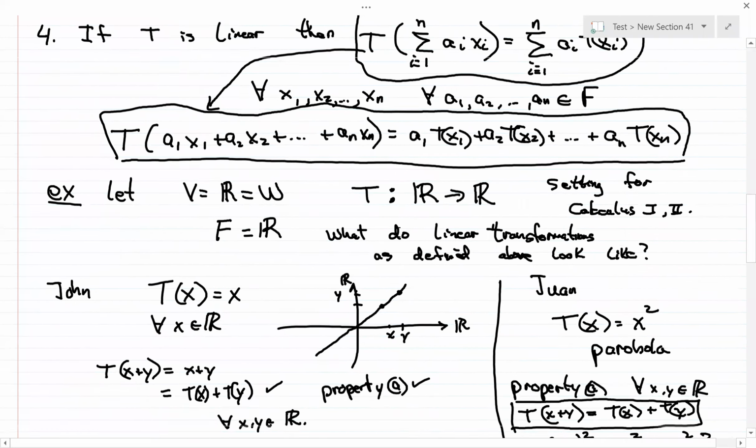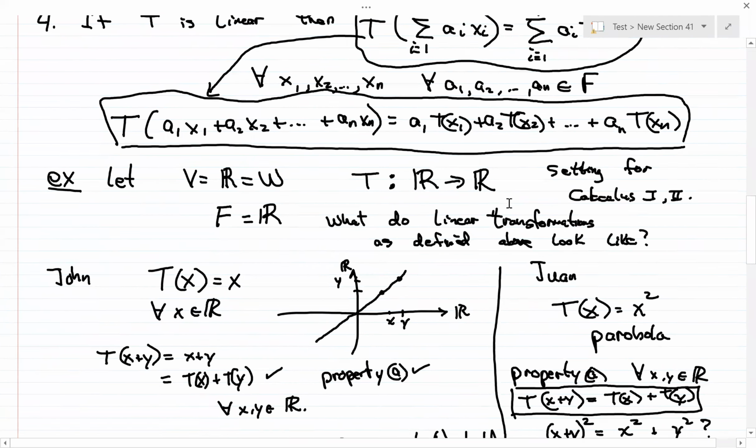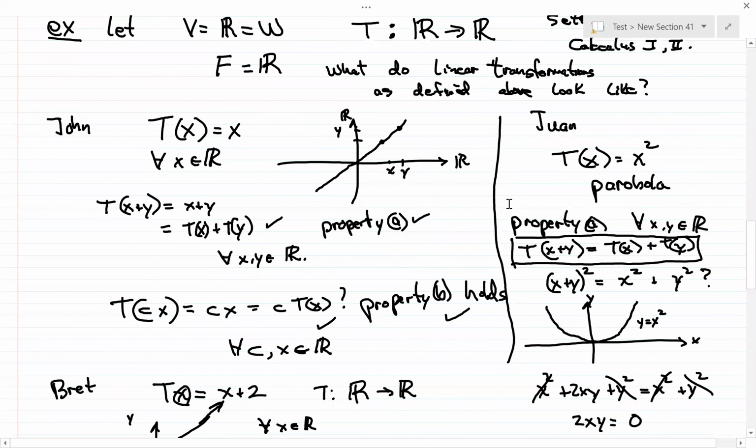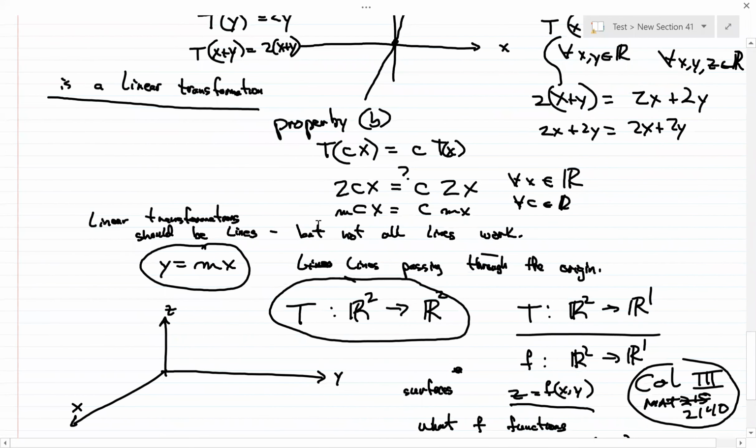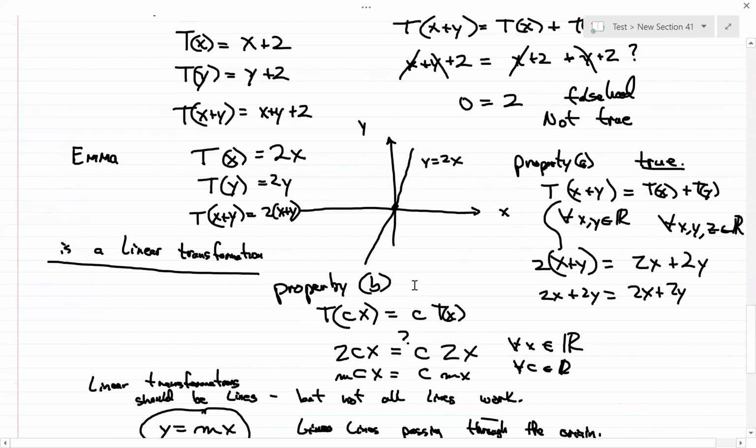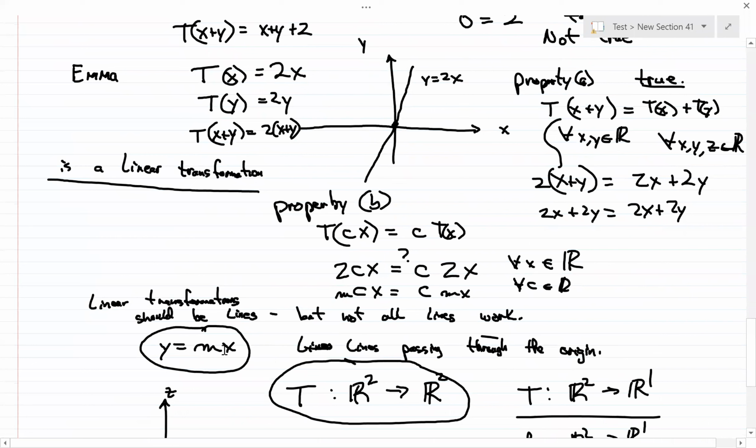Then I chose a simple example, a function going from R to R, and asked the question, which of those functions that go from R to R are linear transformations? And through class participation, we had a nice group effort here. We were able to figure out that if you're going from R to R, and you want to be a linear transformation, you really have to look like y equals mx.